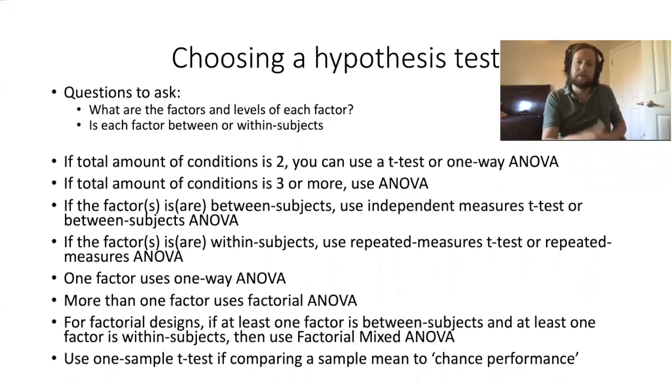I'm going to give you some research scenario problems, and you want to choose the hypothesis test that would be used to analyze the means in those research scenario problems. And here are some rules that will help you make those decisions. We'll do one together just to get us thinking in terms of these types of things now. So let's get going.